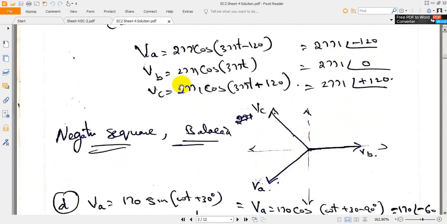This is VA. Then VB is at an angle of 0, so this will be your VB. And then VC is plus 120, so from here plus 120, this forms your VC. VA, VB and VC have the same magnitude and a phase difference of 120 degrees.